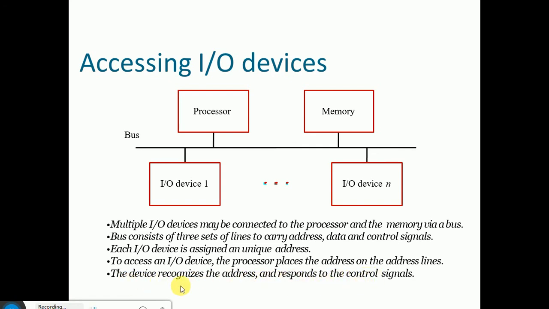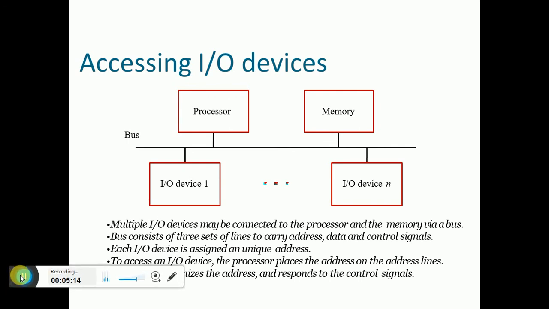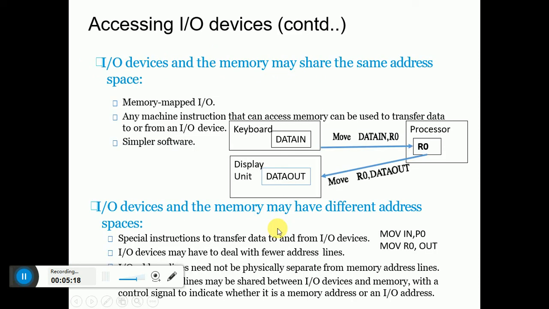A particular address has a particular device, and this device then works according to the control signals. If it is read, then a read signal will be provided, and if it is write, then a write signal will be provided.